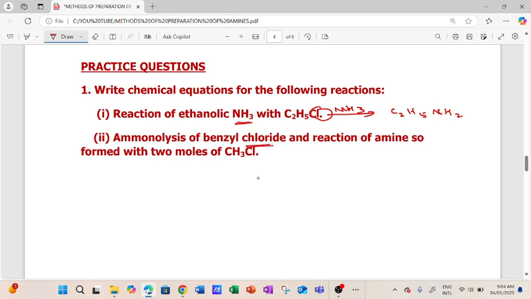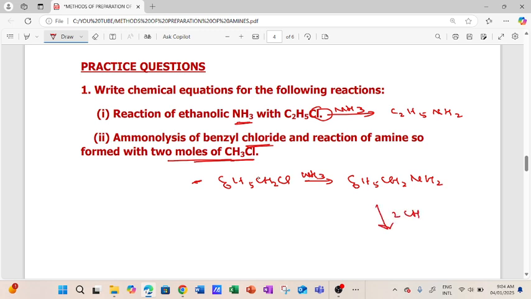Ammonolysis of benzyl chloride. Benzyl chloride is C6H5CH2Cl. Do ammonolysis. Add ammonia. First you will get C6H5CH2NH2, where Cl is replaced by the NH2 group. And they are telling the product formed is treated with 2 moles of CH3Cl. So to this you add 2 molecules of CH3Cl.